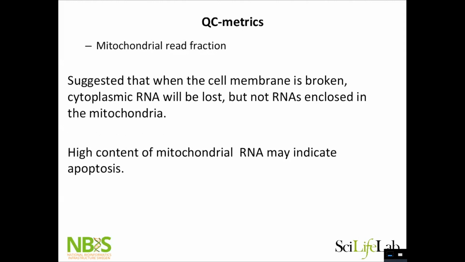It can also be an indication of apoptosis, that the mitochondria become more active if you have mitochondrial apoptosis. So normally, high mitochondrial content might indicate problems with these cells, but sometimes you have a mixed issue. If you're doing fat cells, for instance, you have higher mitochondrial content than some other cell types. So knowing your data and what to expect from it when you're filtering is really important.